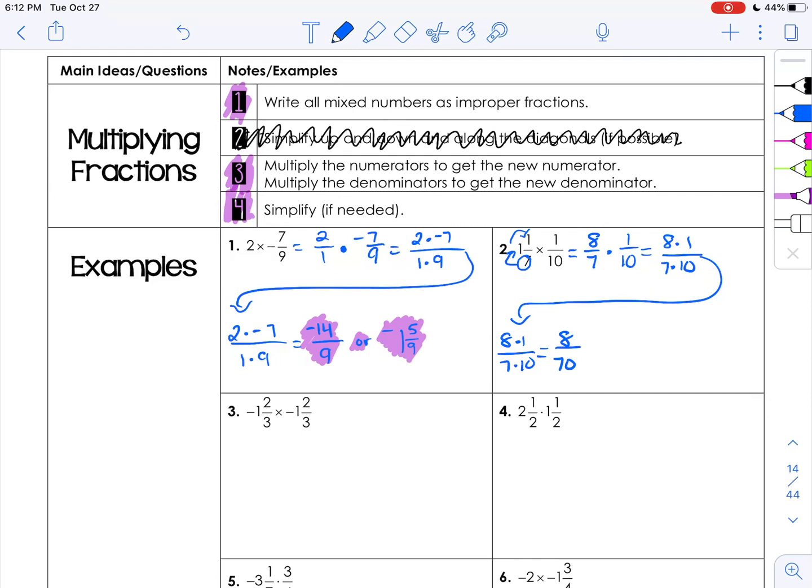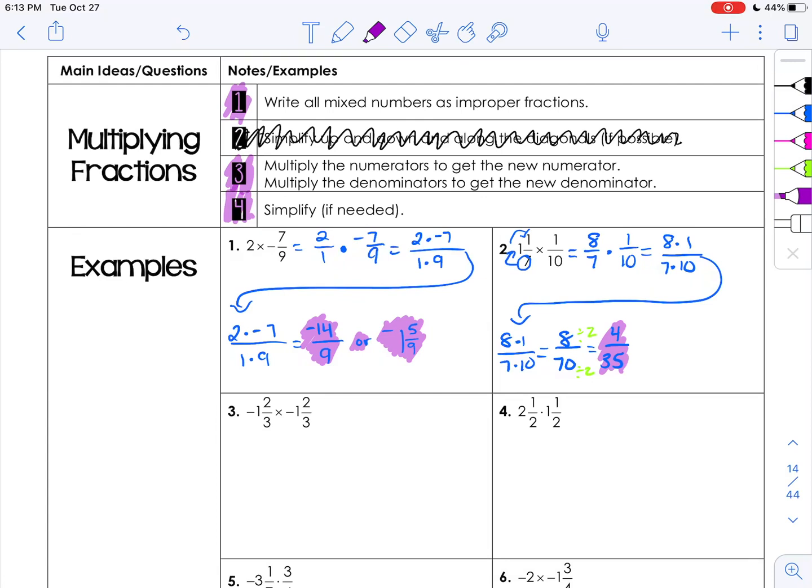Eight over 70 can be simplified. 2 will divide evenly into both of those. 8 divided by 2 is 4, and 70 divided by 2 is 35. So we have a final answer of 4 over 35.